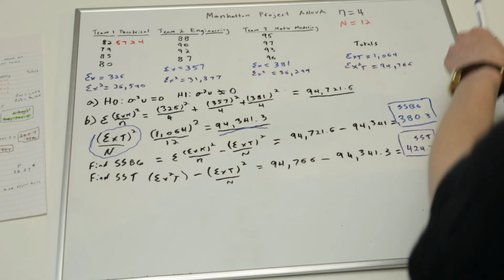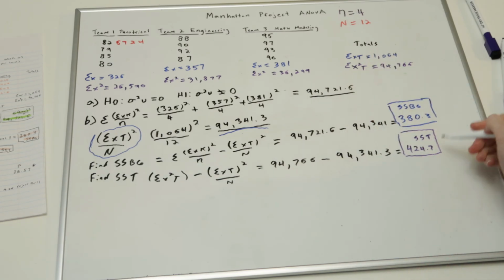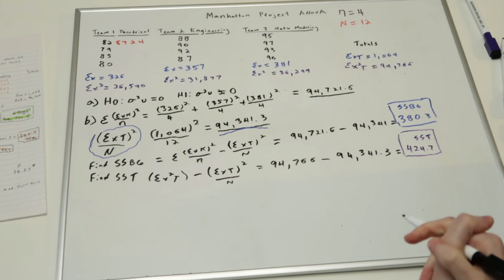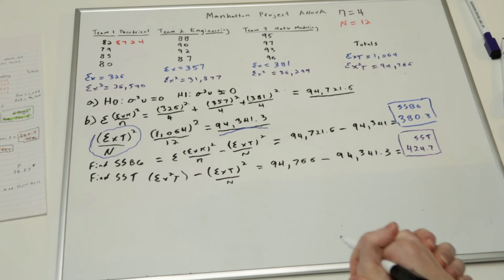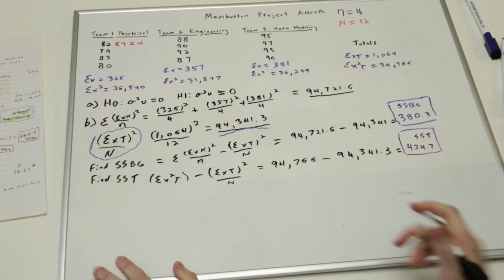Now we want to find our error. You have to have your sum of squares between groups, your sum of squares total, and your sum of squares error in order to test the significance.